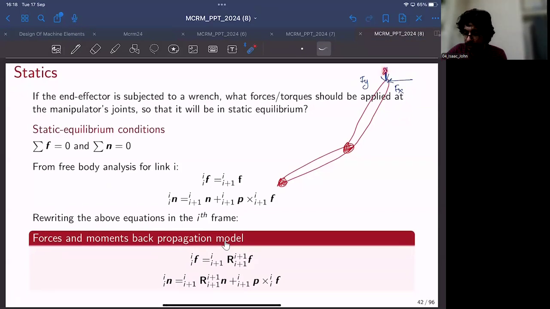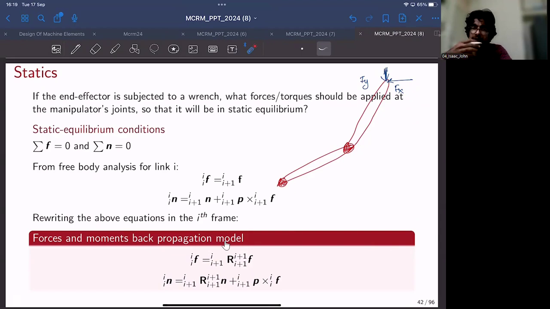And if it is subjected to some forces at the end effector, maybe due to a payload or if it is holding on to something, then what should be the constant torques that you need to supply so that the mechanism is in static equilibrium? Those sort of problems are addressed by statics.